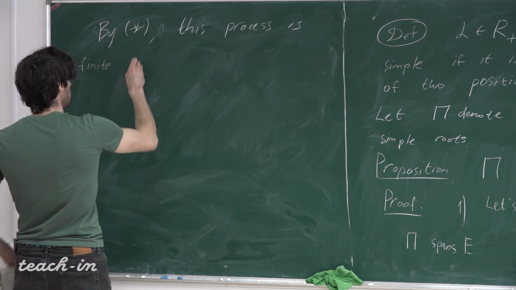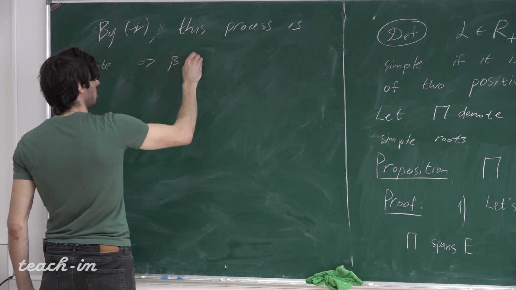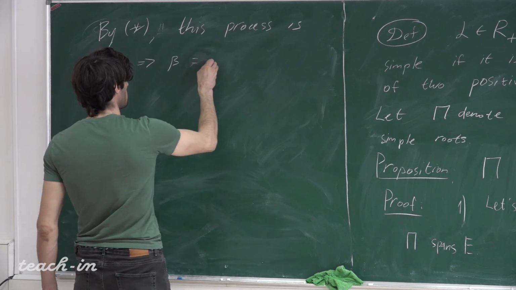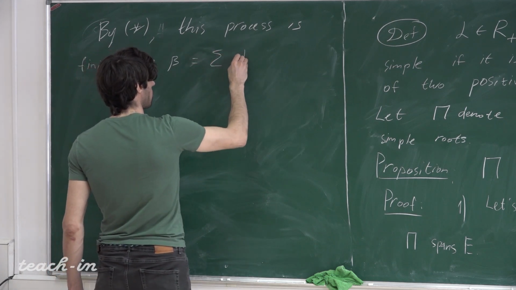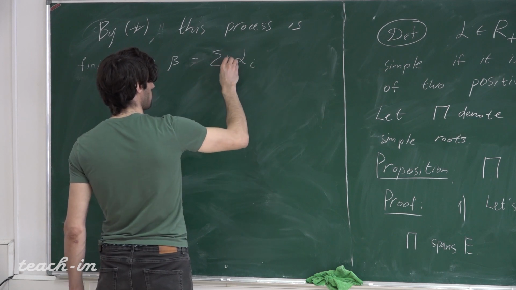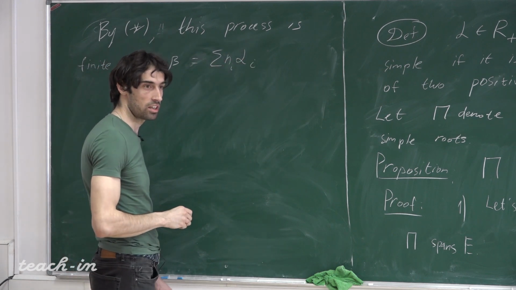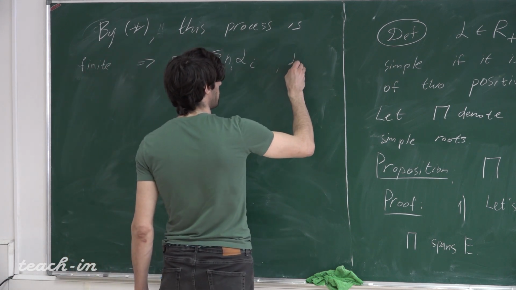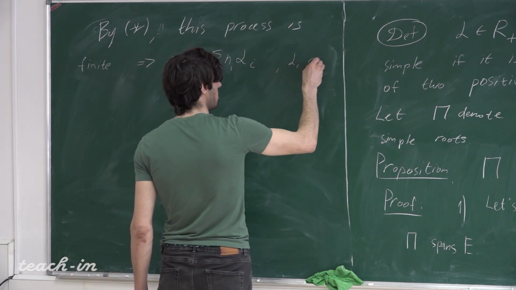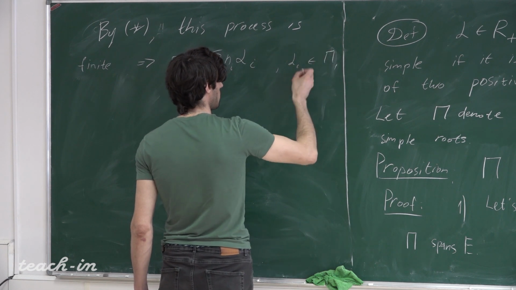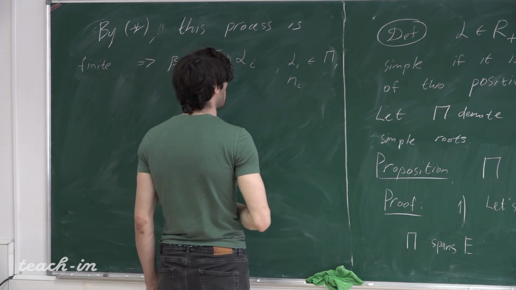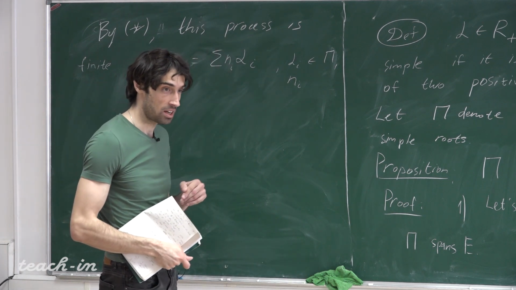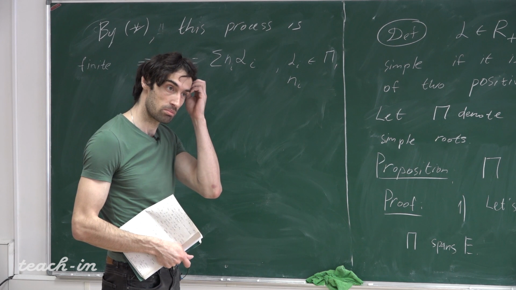So therefore beta is actually a sum over alpha i's with some coefficients ni, where alpha i's are from pi, and also actually we have that these coefficients are positive integers.